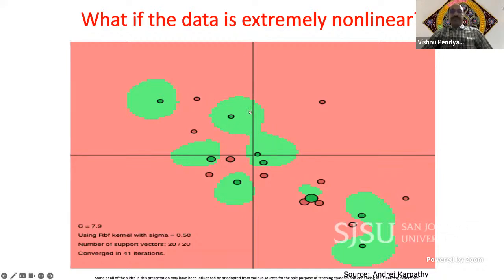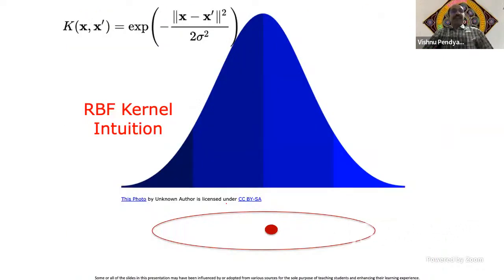So how do we come up with these kind of decision boundaries? We apply a different kind of kernel function called the RBF kernel. So RBF kernel, the formula, the equation is given at the top. And if you remember probability theory, you can as well relate this expression to the probability density function for normal distribution, a bell curve like this.